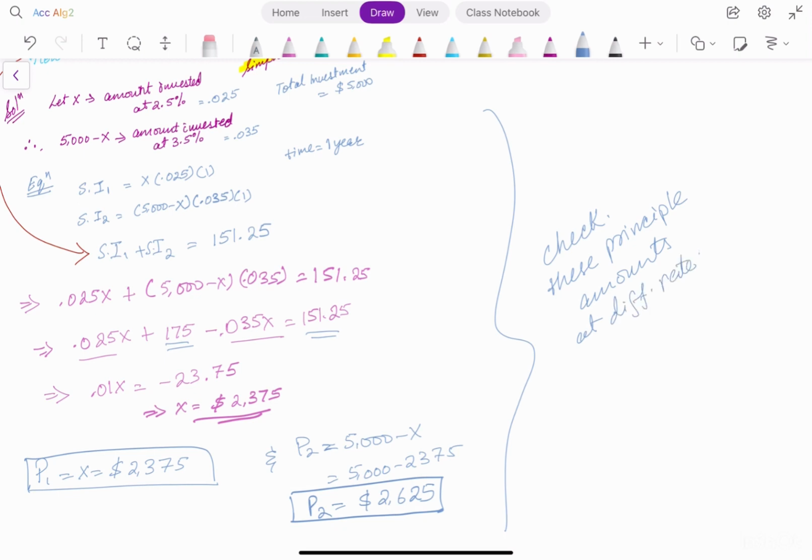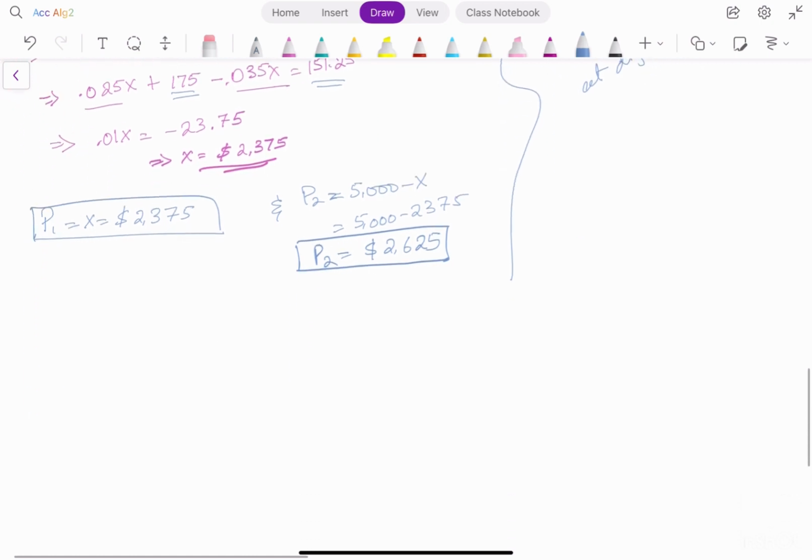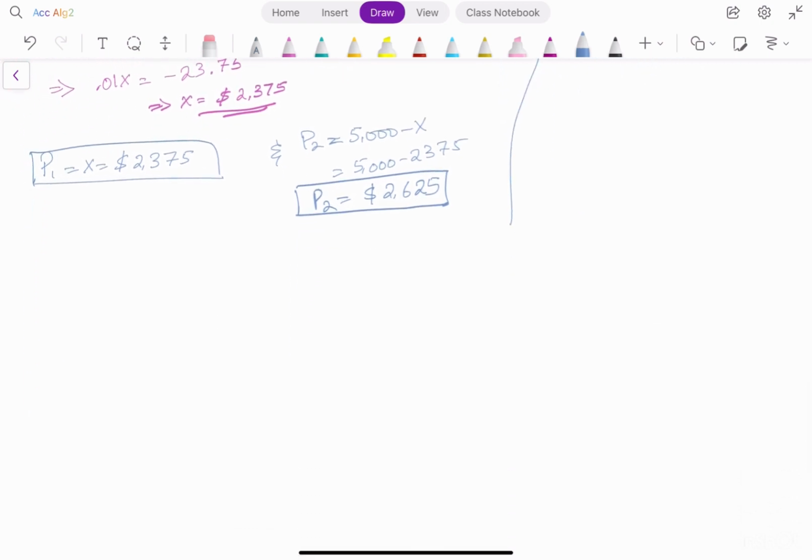If you are using a TI-83, TI-84 or any calculator, then there is a function on the calculator that allows you to graph the functions, right? And there is another function on the calculator that allows you to evaluate or find the intersection point.